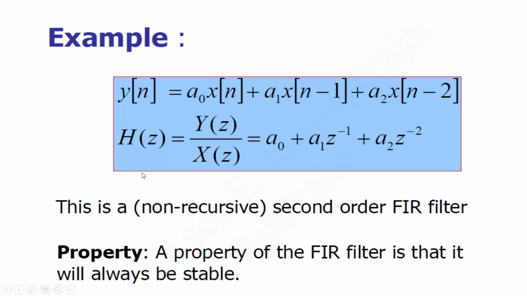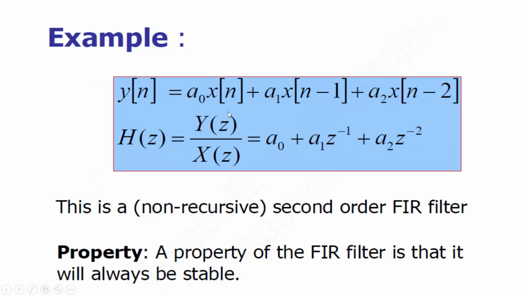Now if you take the Z transform of this equation, y[n] Z transform will be Y(z), x[n] will be X(z), and from this equation if you calculate Y(z) by X(z), which we also define as the transfer function of the filter, H(z), this will be given by a0 plus a1 z^-1 plus a2 z^-2.